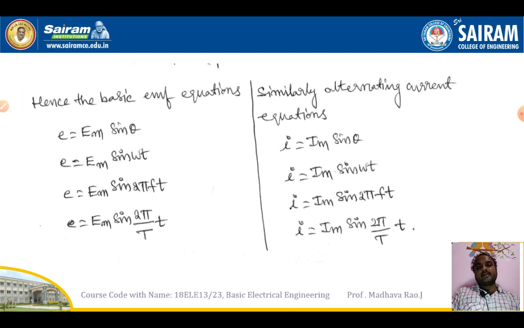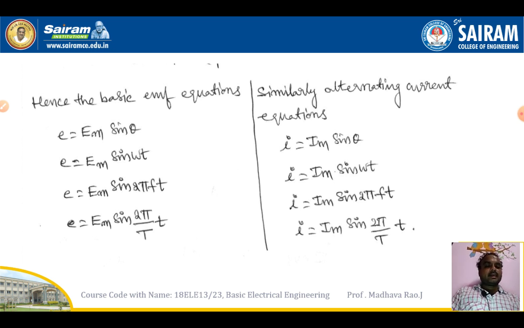In place of theta, if you substitute omega t, e is equal to Em sin omega t. In place of omega, substitute 2 pi f, so e is equal to Em sin 2 pi f t. In place of f, if you substitute 1 by T, e is equal to Em sin 2 pi by T into small t.